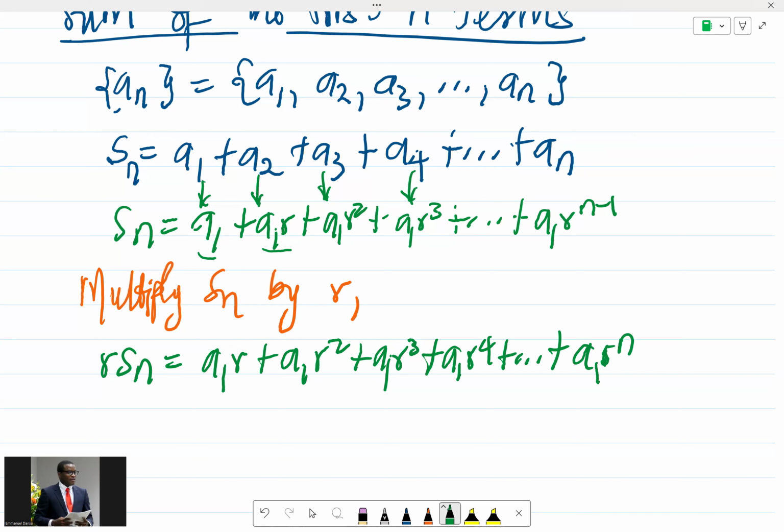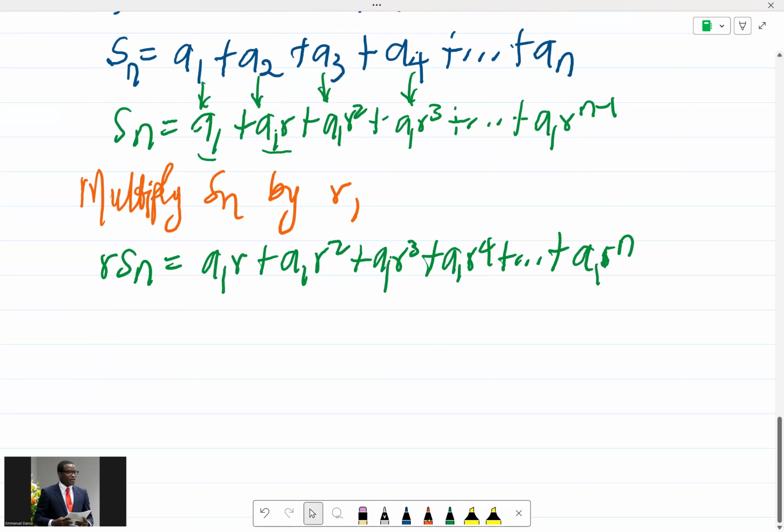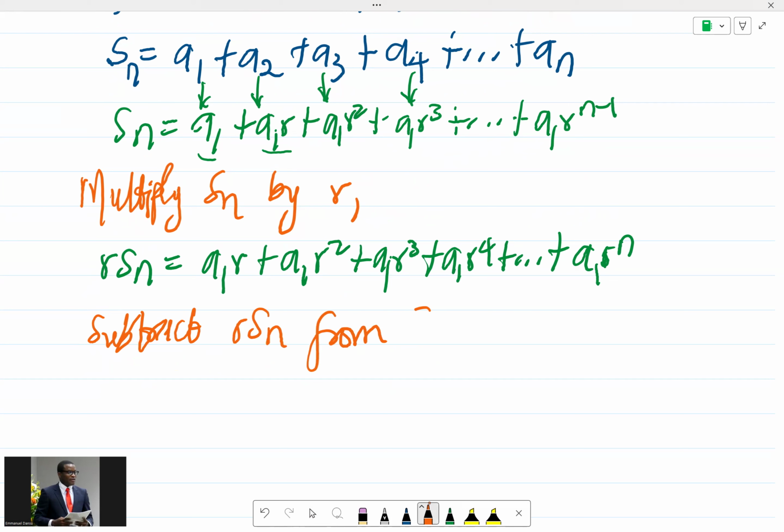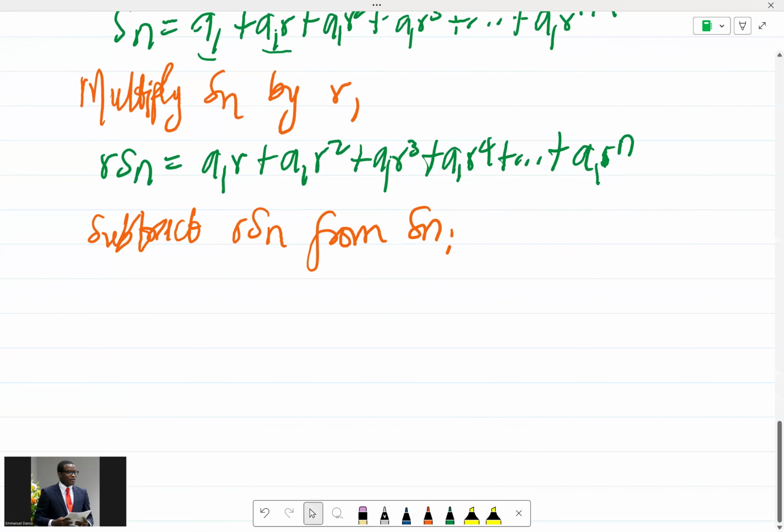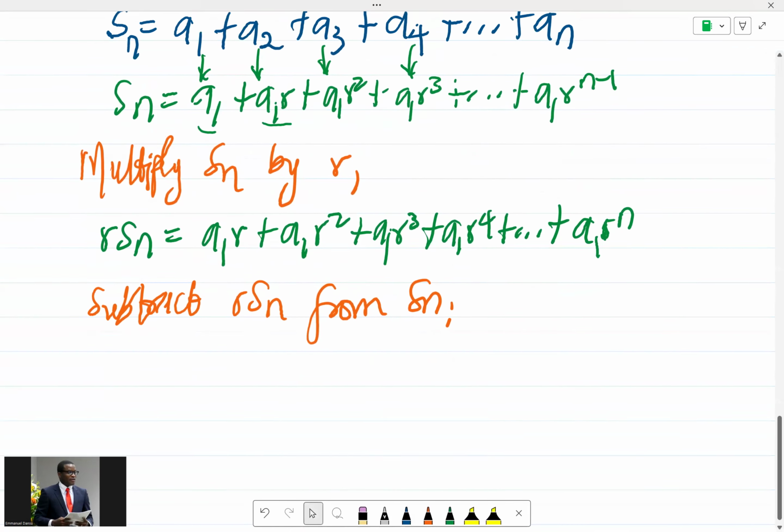Okay. So the next thing we want to do is to derive how to sum up things here. So we now subtract R Sn from Sn. It's important to see what's happening here.